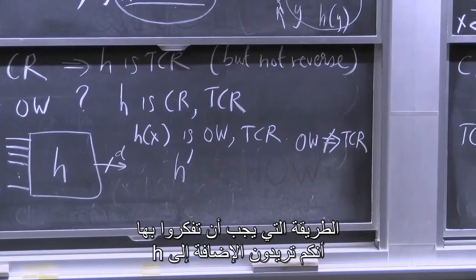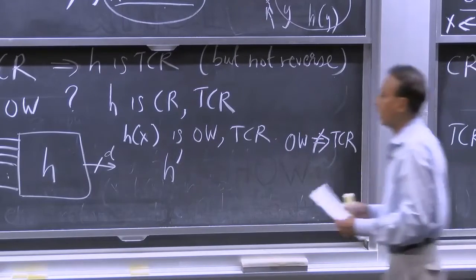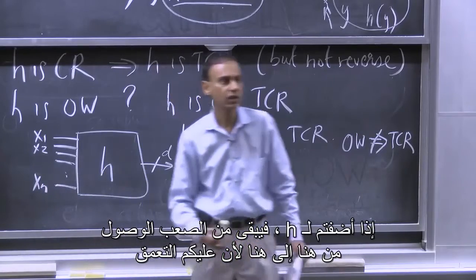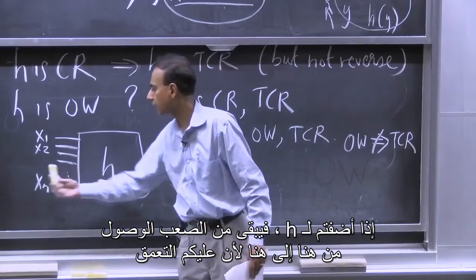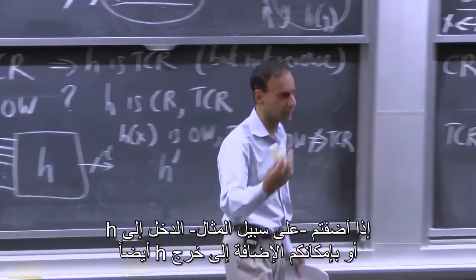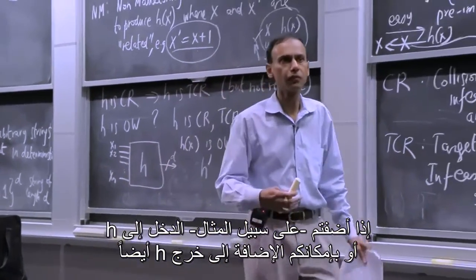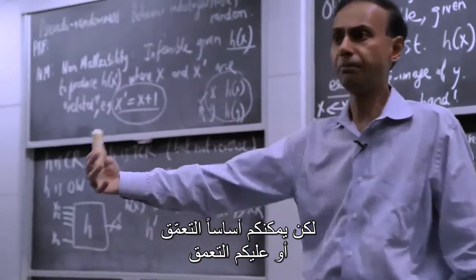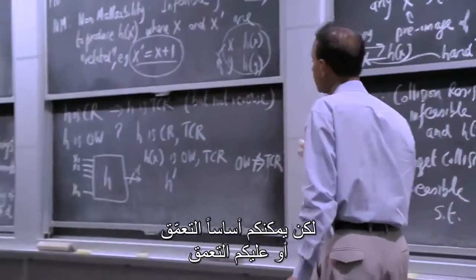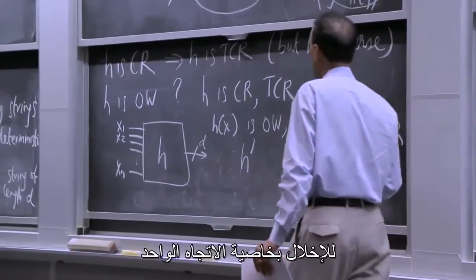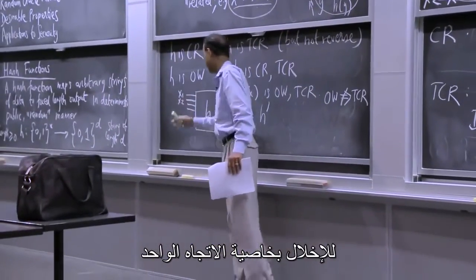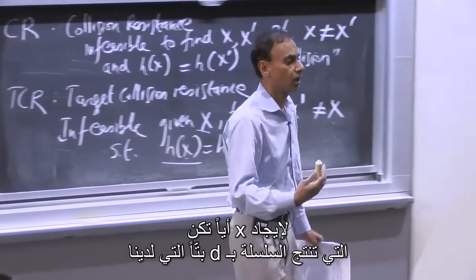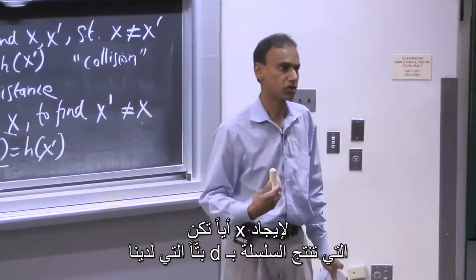The way you want to think about this is you want to add something to h such that it's still hard to go from here to there, because you've got to go deeper. You could add to the inputs of h, or you could add to the outputs of the current h. But you need to go deeper in order to break one-wayness, in order to find an x, or whatever you have, that produces the d-bit string that you have.